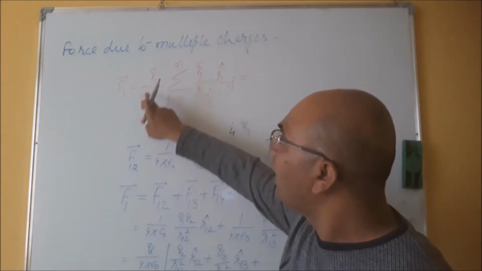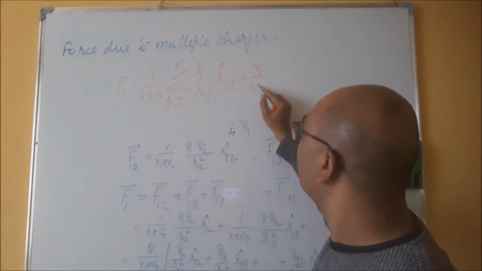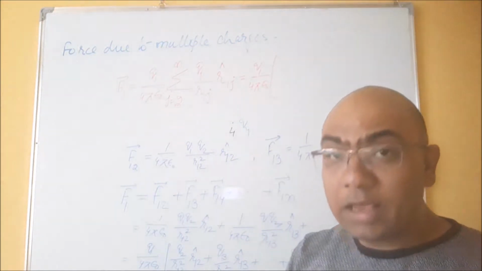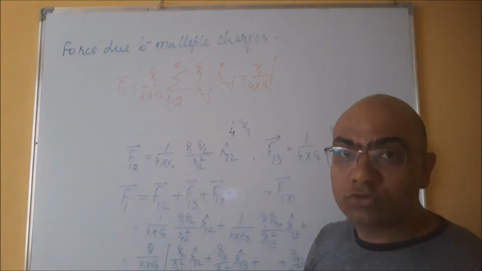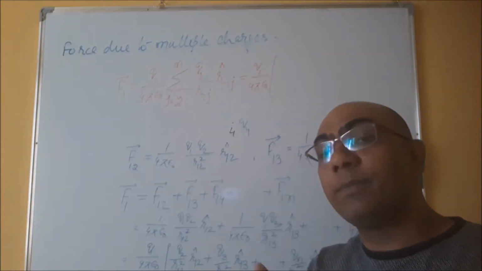The q1 upon 4 pi epsilon naught is always common. Now see, the value of j goes from 2 to n, so it will be 2, then 3, then 4, then 5, then 6 up to n.